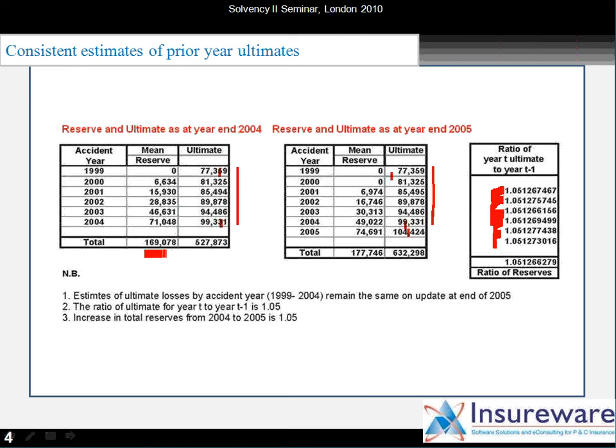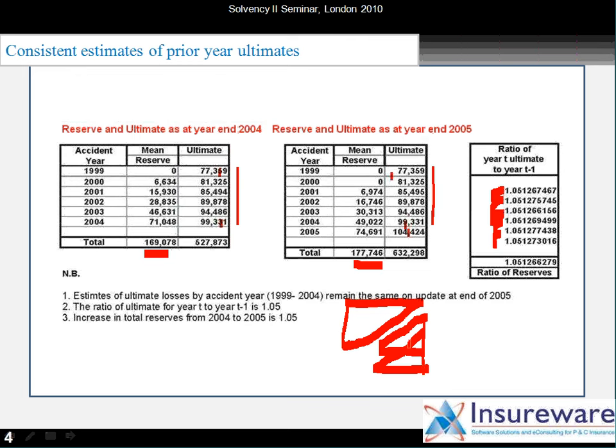What happens to the total reserves? Well, let's work this out. At the end of 2004, the total reserves is the sum of the numbers in this triangle. Next year down, it's the sum of the numbers in the bottom triangle.